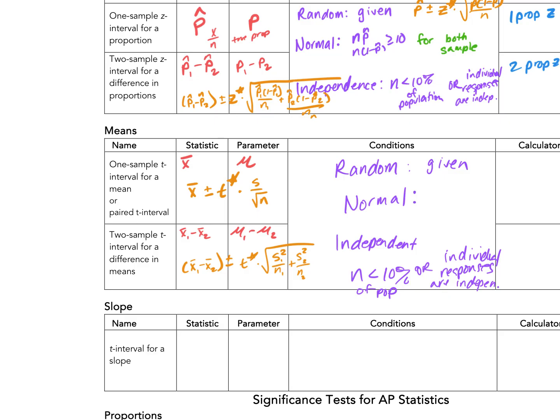Your normal is n greater than or equal to 30. If you have two samples, you check that for both samples. What if your sample size is not greater than or equal to 30? You look at a graph of the sample itself, and the sample suggests that the population is approximately normal. So we're going to say no major skewness in sample.